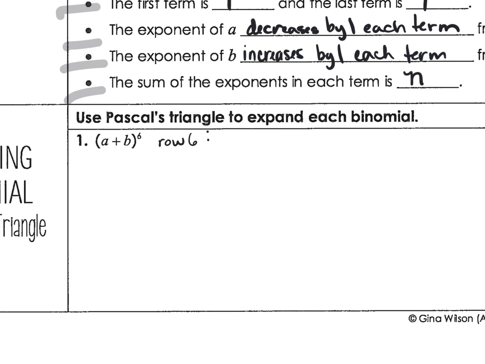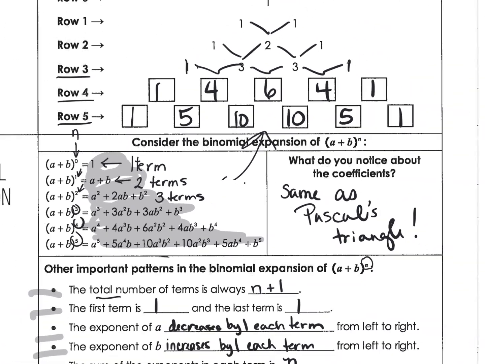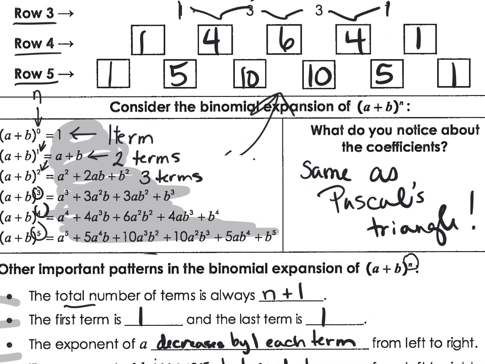What are the first two terms of row 6? 1, 6, right? So how can I find what else that row is? What are the terms for row 6? 1, 6 what? One, 6, 15, 20, 15, 6, 1.